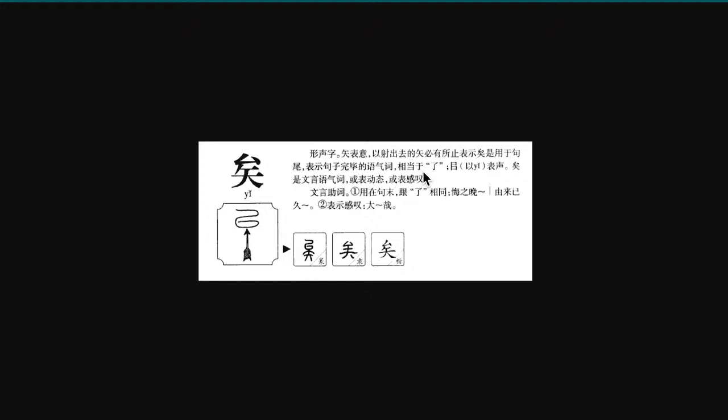Now that place looks like a city or village, that kind of thing. So your arrow is hitting a place, which means arrived already. They used an arrow hitting a place to mean arrived. So therefore it's already.